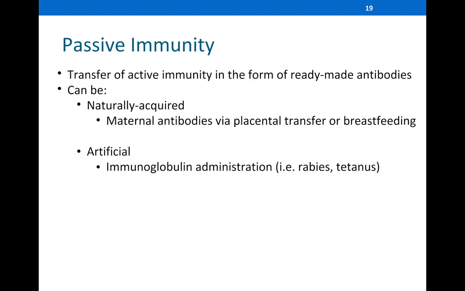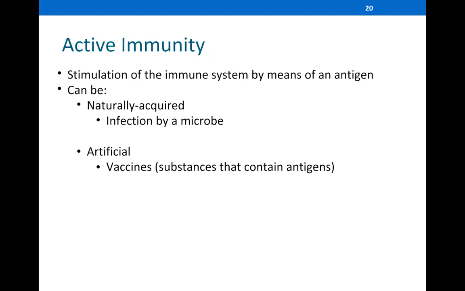Okay? And the active type of immunity is where there is stimulation of the immune system by means of an antigen or an infection. That can be brought about by, number one, naturally acquired. You had an infection. You acquired an infection by a microbe by all means of transmission or mode of transmission, and the other would be artificial. When we say artificial active immunity, this can be brought about by injecting or administering live attenuated vaccines.